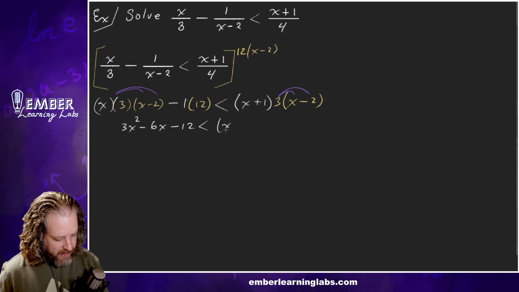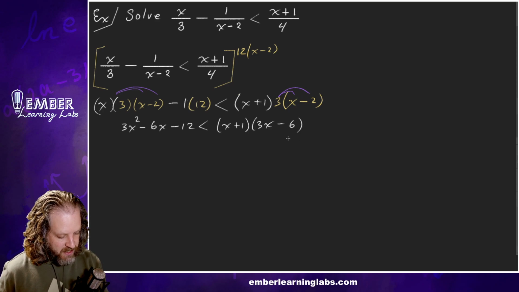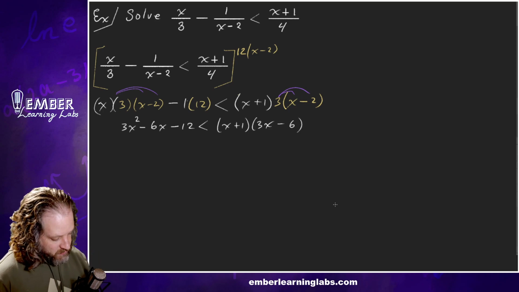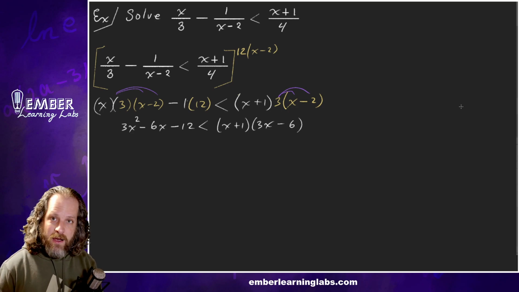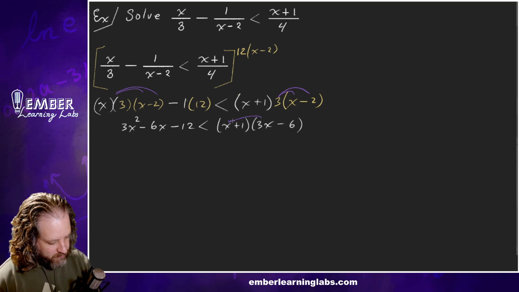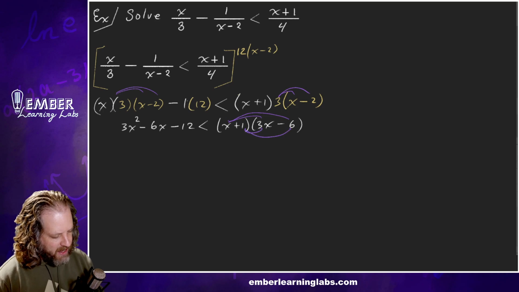So we've got x plus 1 times 3, so 3 times x is 3x. 3 times negative 2 is negative 6. Right? So now we've got a big old distributive property, big old FOIL thing, right? First, outside, inside, last.